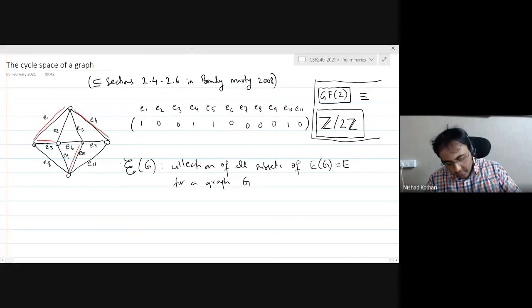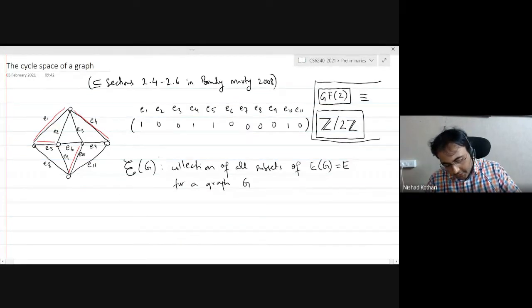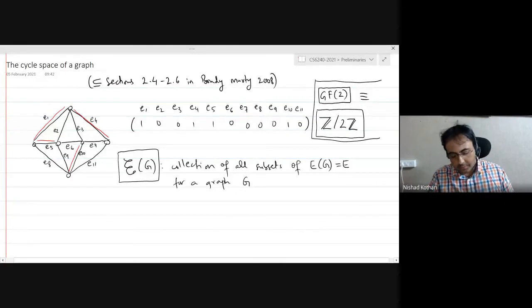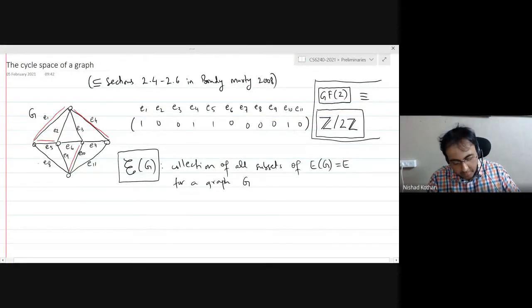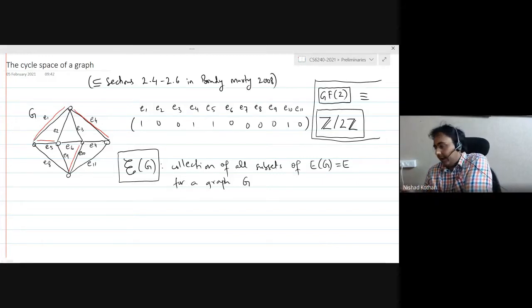In particular, this notation here, script E of G, is the collection of all subsets of the graph's edges. To give you an example, if G is your graph here, and I'm looking at the subset with the red colored edges, that has E1, E5, E4, and E10.